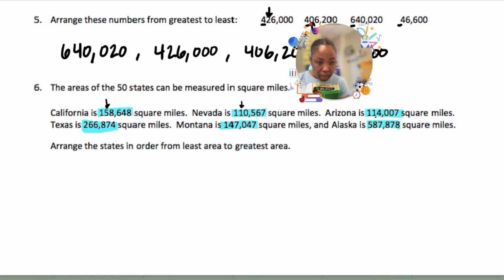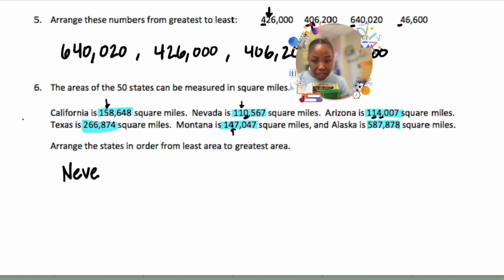Just line it here. 4 10,000s. So the least would be that 1 10,000, right? We have two that are the same. So we have to look at the thousands place. We have 0 thousands and we have 4 thousands. 0's the smallest.